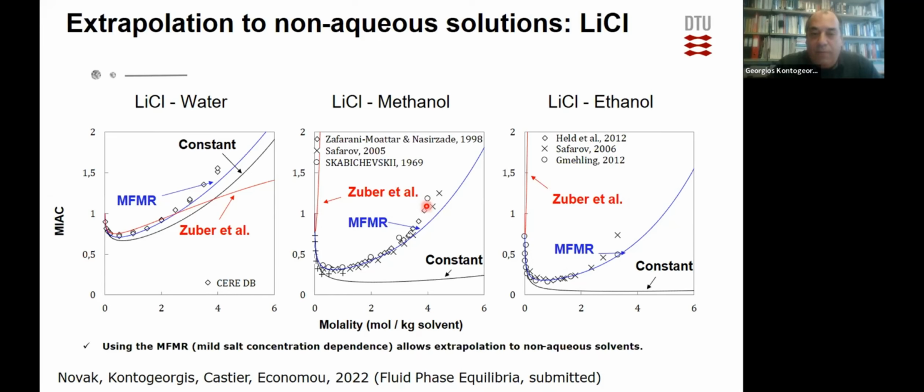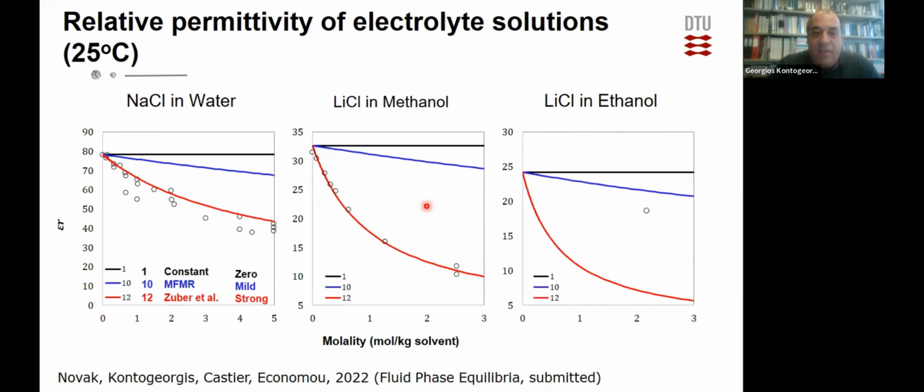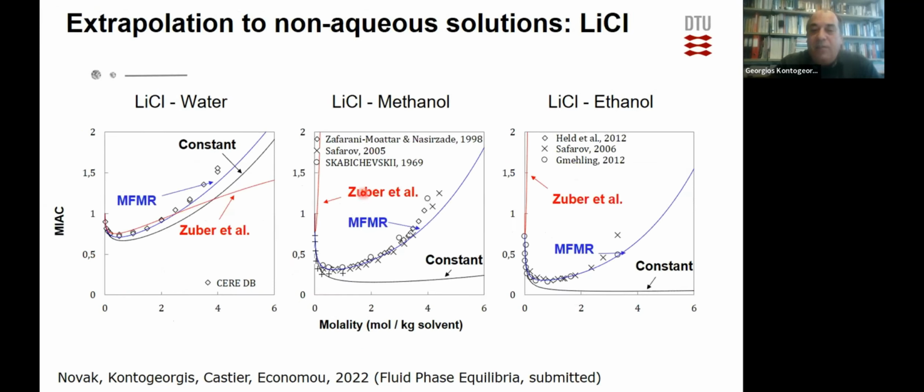I go back to the previous slide to see that this expression, unlike the Zuber et al. expression, does not represent the experimental data, but it represents much more accurately the data for the activity coefficients. I don't know if we have to be happy or not happy. This is what engineering results have shown, and of course, this is an interesting conclusion that requires further thinking.